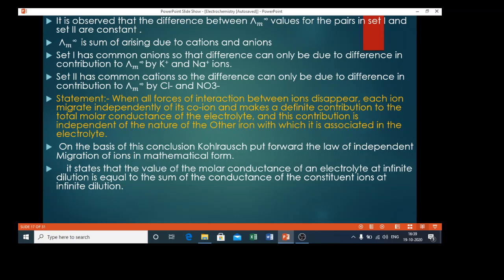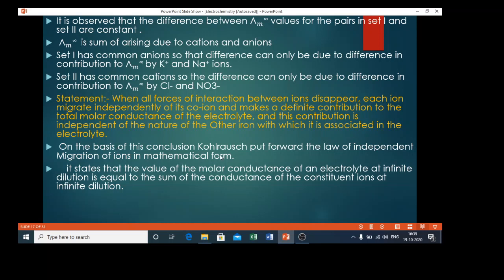This contribution is independent of the nature of the other ions with which it is associated in the electrolyte.